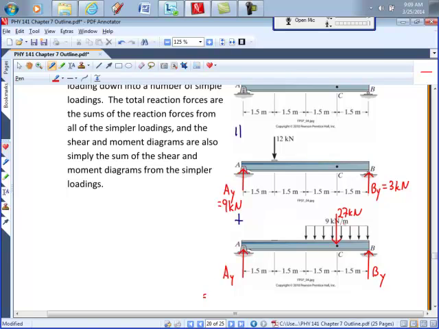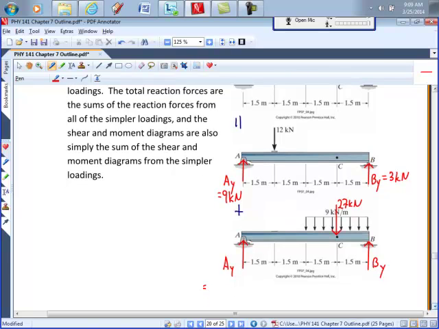So 27 kilonewtons divided by 4, 6.75. And By, by sum of forces in the y direction, would be 27 minus 6.75, or 20.25.